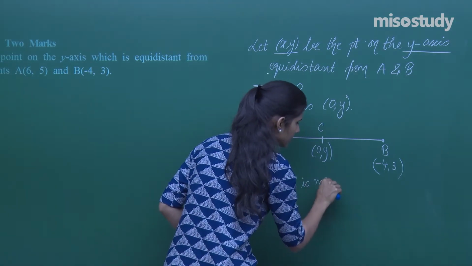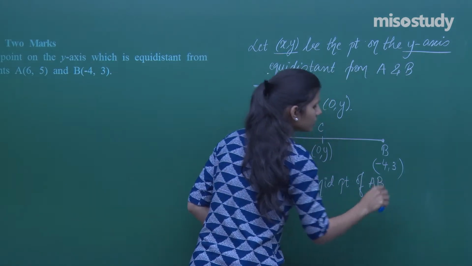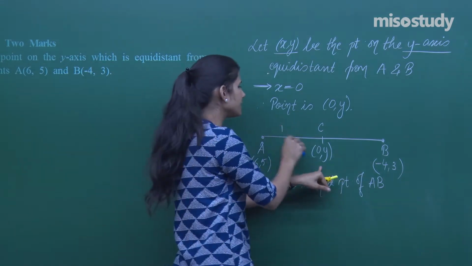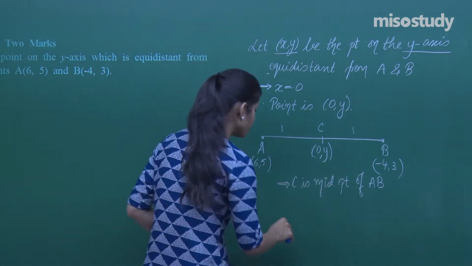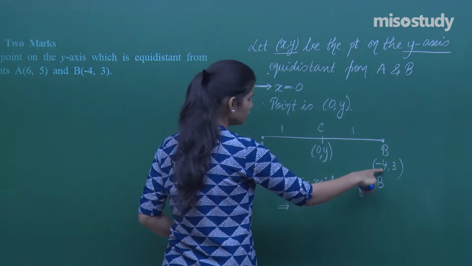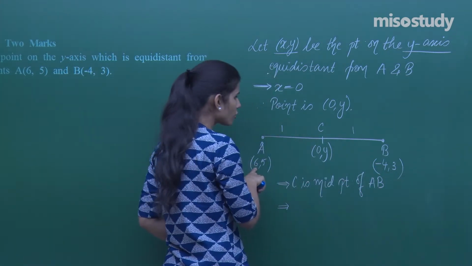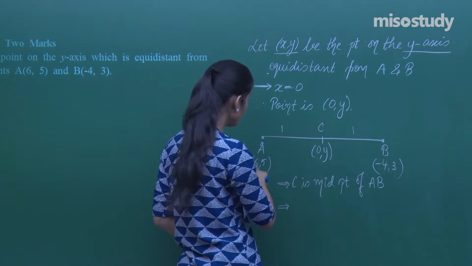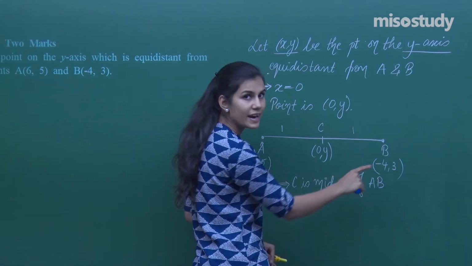C is the midpoint of AB. So I can compute the coordinates of the midpoint by section formula because C is going to divide the line segment joining AB in the ratio 1:1. So by section formula I get x coordinate of C is equal to x coordinate of B plus x coordinate of A divided by 2, right? So what do you get? Minus 4 plus 6, that is 2 divided by 2.